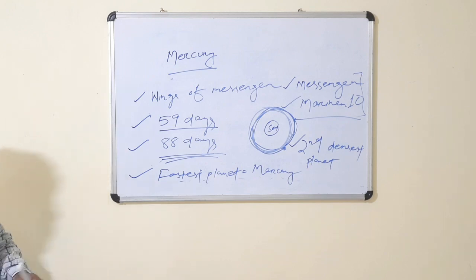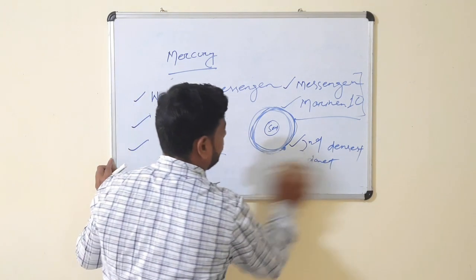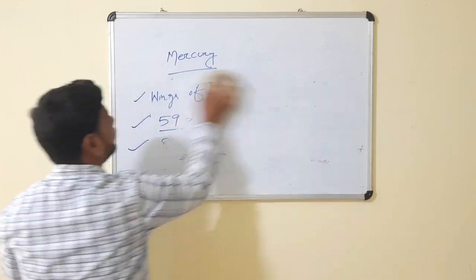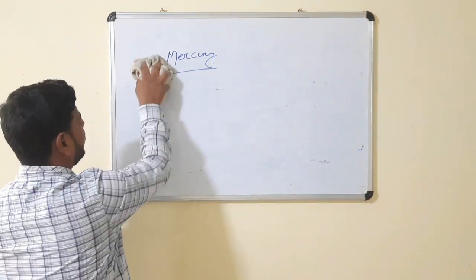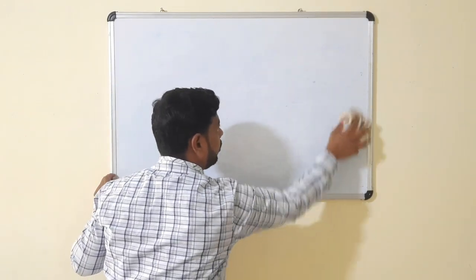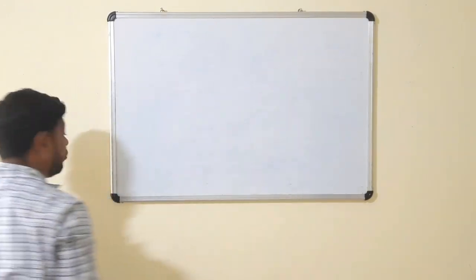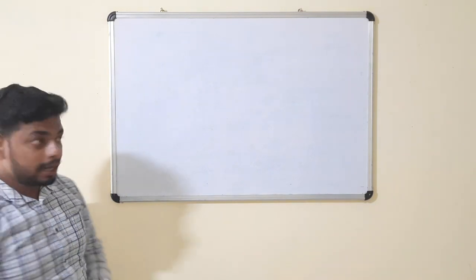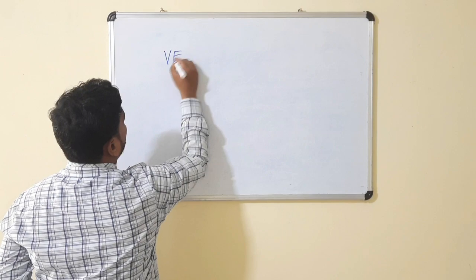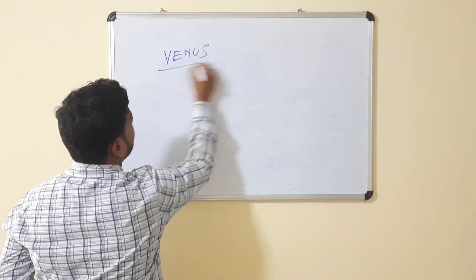Okay, next one. The second planet, that is Venus. What uniqueness is there relating to the planet Venus?